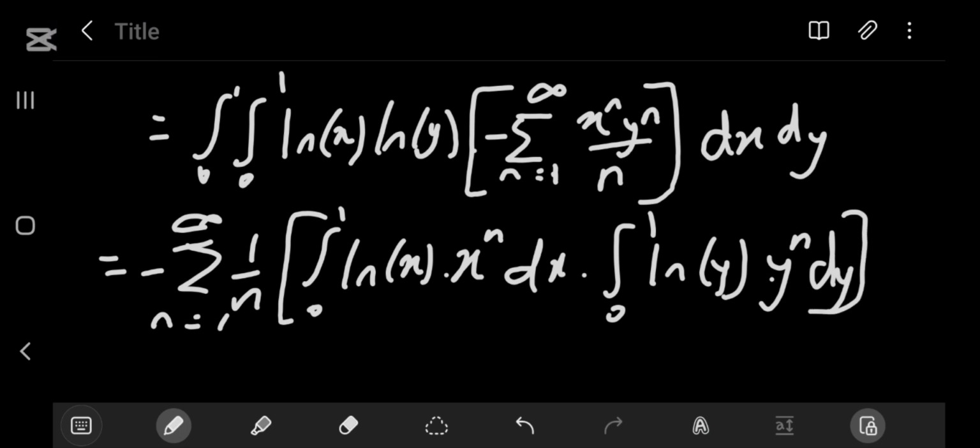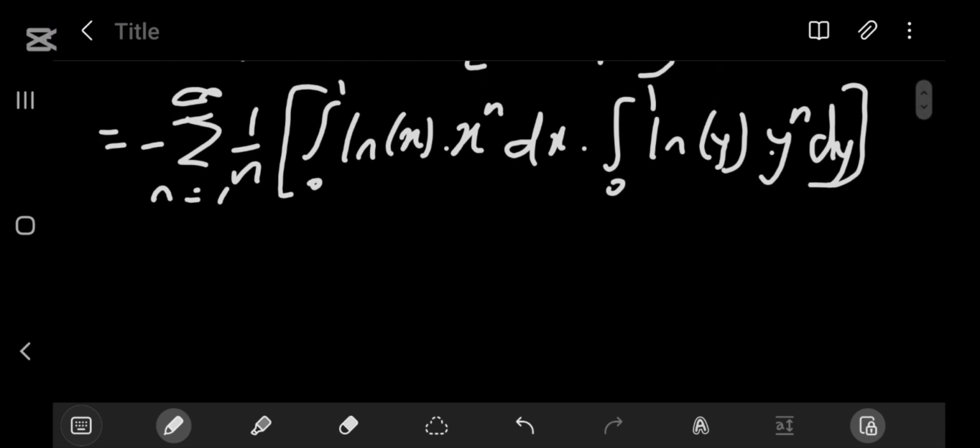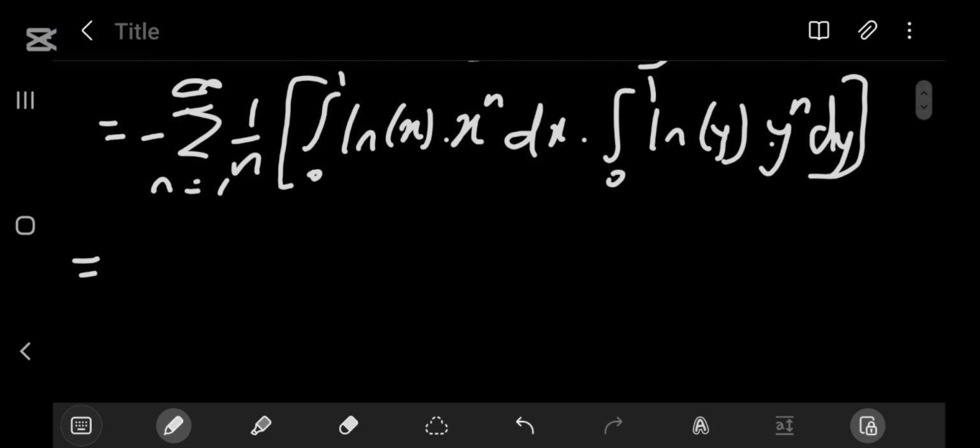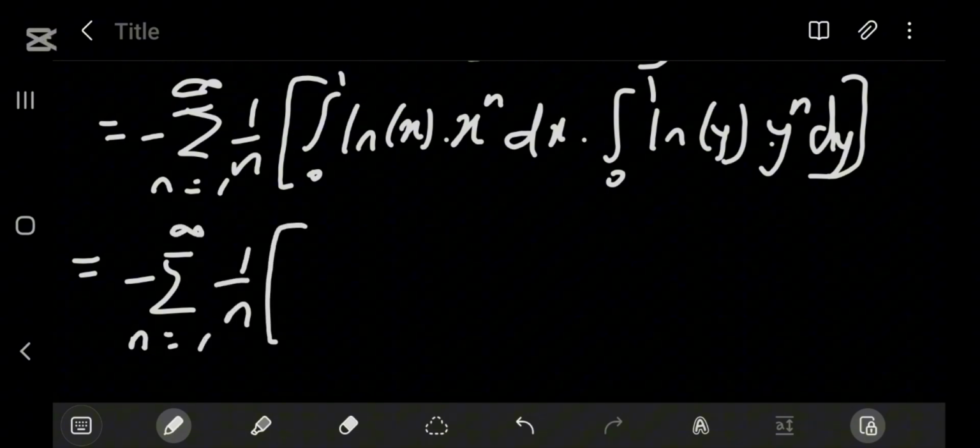Both of these are the same, so we can do one integral first and similarly do it for the other one. So let's get with it. Equals minus the sum from n equals 1 to infinity of 1 over n.